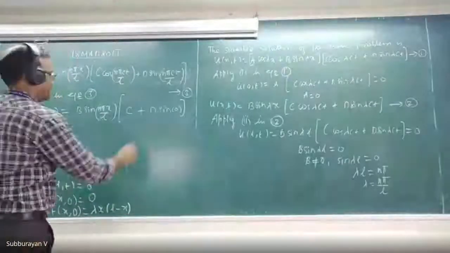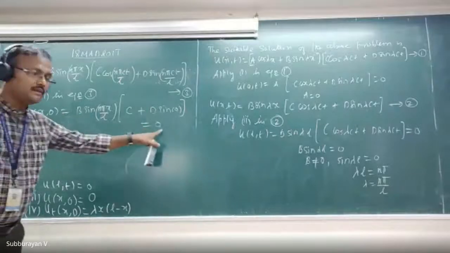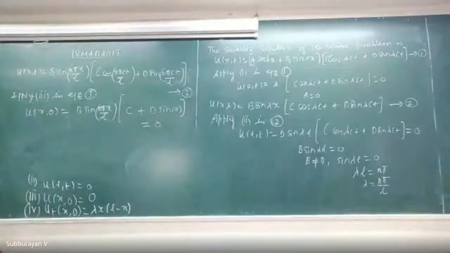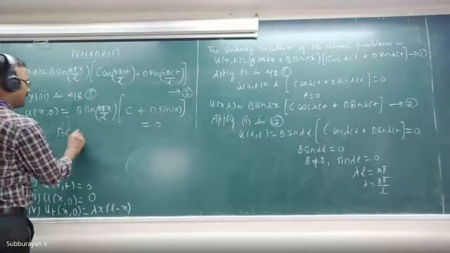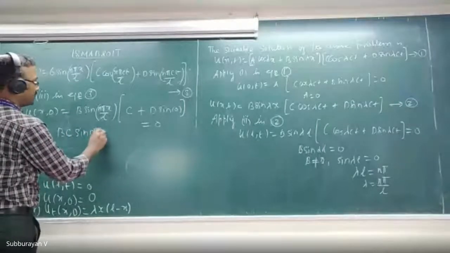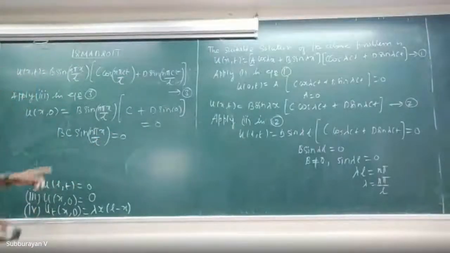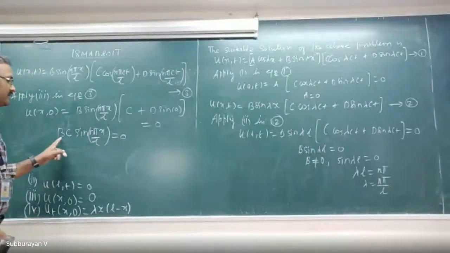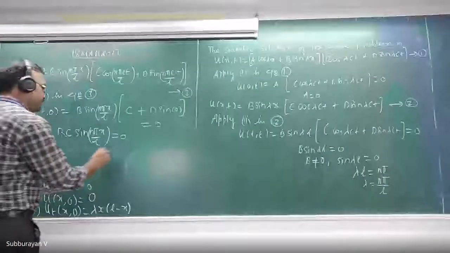But this is equal to 0 because the condition says that u of x comma 0 equal to 0. Hence bc sin n pi x by L equal to 0. Already we assumed that b is not equal to 0 and sin n pi x by L is not equal to 0. Therefore c must be 0.